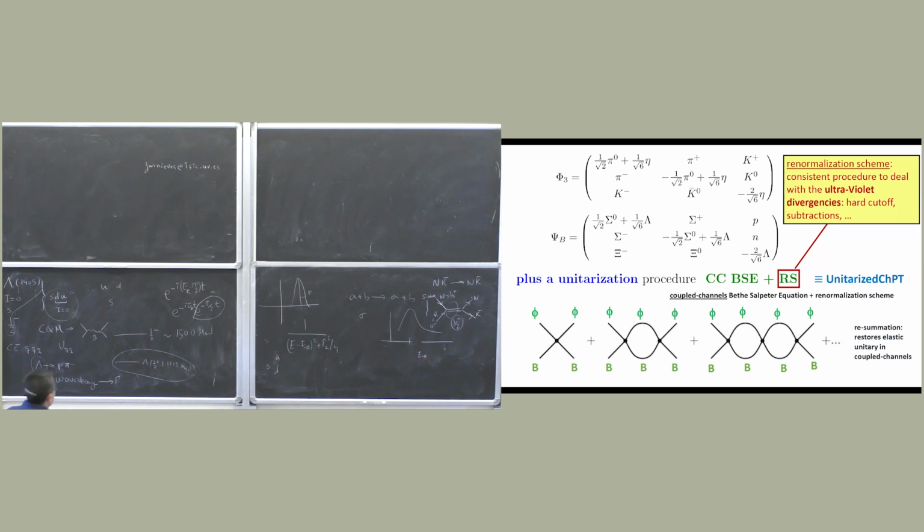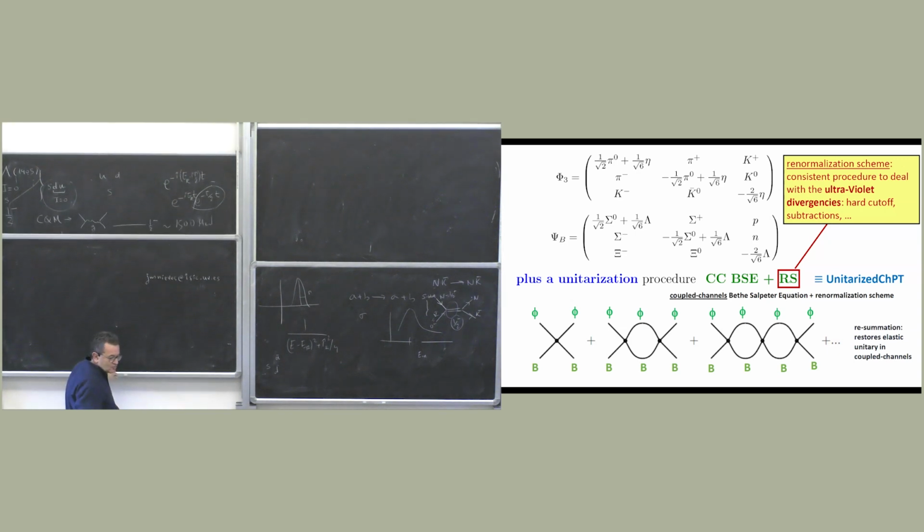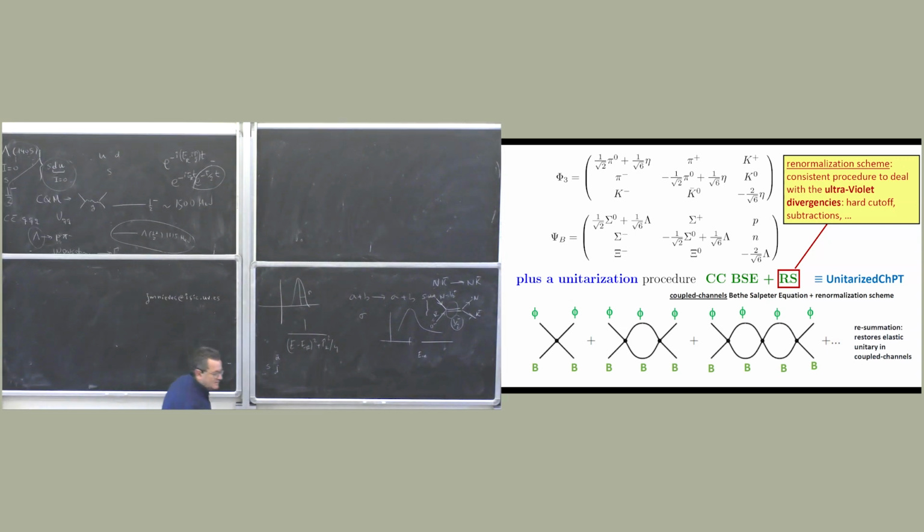For instance, there is one resonance which is very, very famous, which is the Delta. If you look at the cross section of pi plus proton going to pi plus proton, then you have something like that.